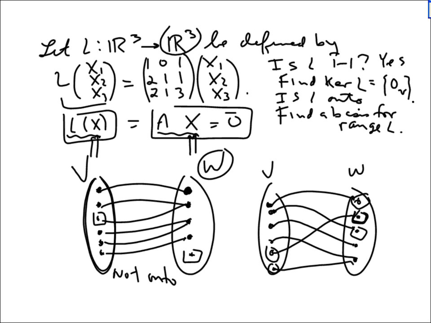Why? Because every element in W can be reached by something in V. For that element in W, there were two paths to get there. You can take L of this value, or L of that value, and you get that W. You have to be able to take L of something to get the values in W.